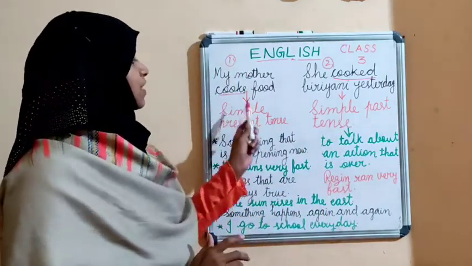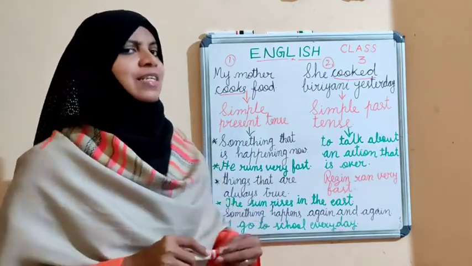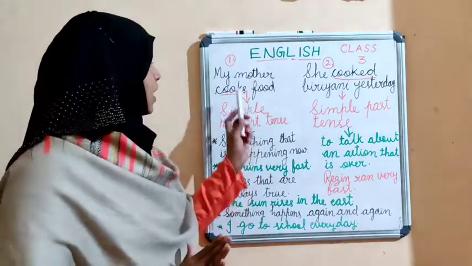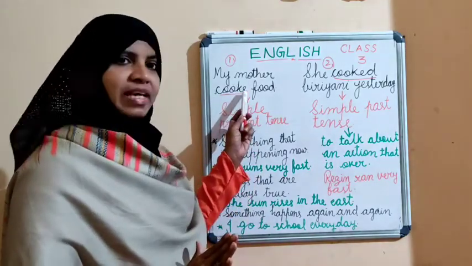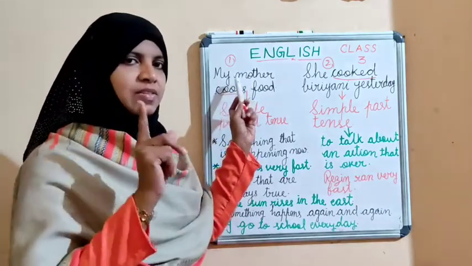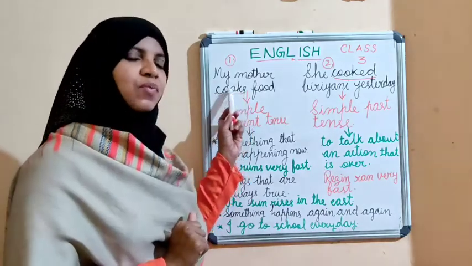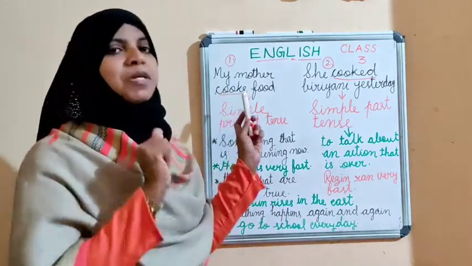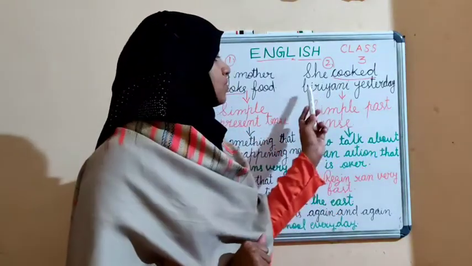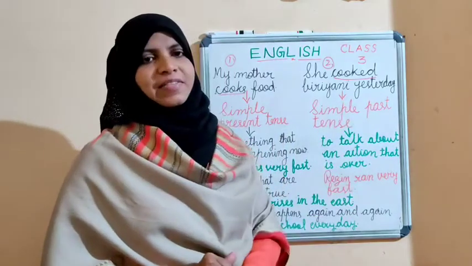The first sentence is in the simple present tense that you have already learned in the second standard. Because the subject is singular, we should use s with the verb in the simple present tense. And here, cooked. This sentence is in the simple past tense.